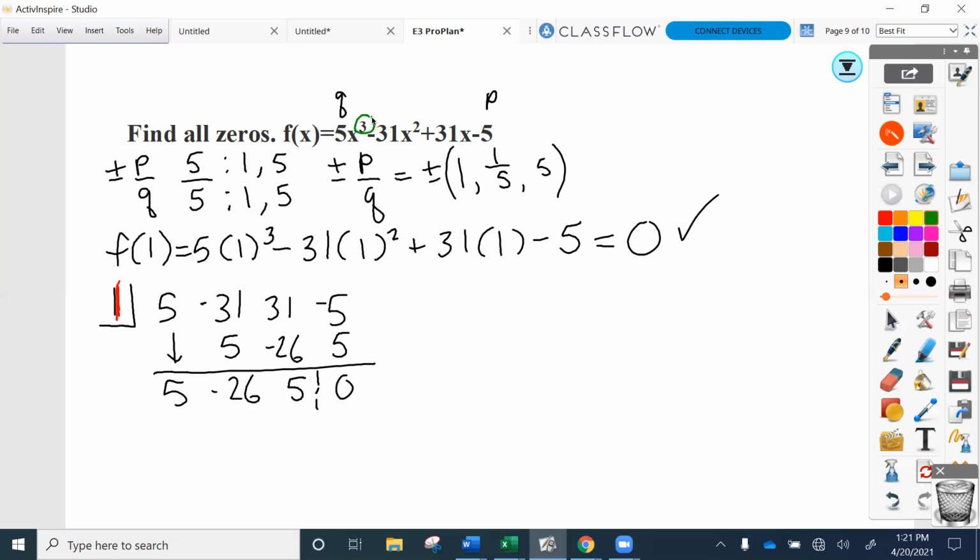And since this is a 5, we're going to move this down to squared term. And then the 26 will go with the next term in line, which is x to the first. And 5 just doesn't have a variable. All right, we are again going to use slip and slide on this.